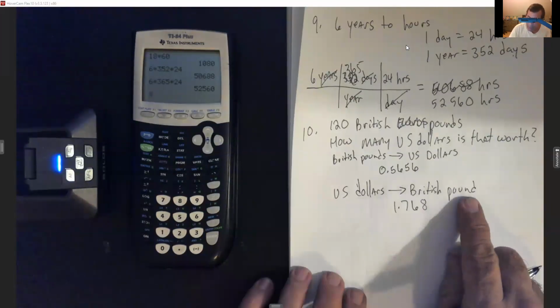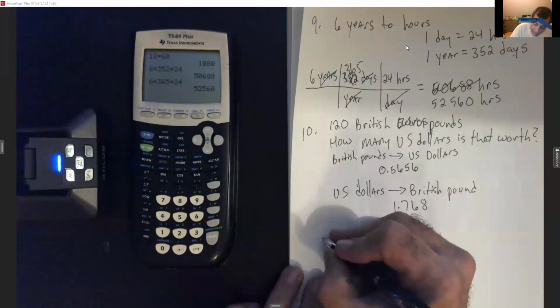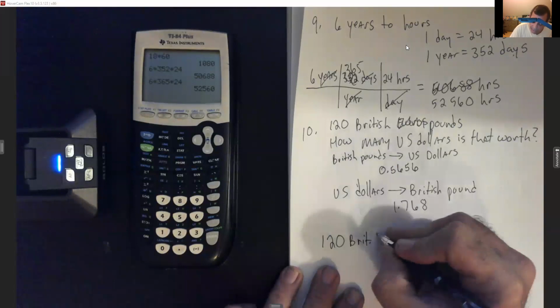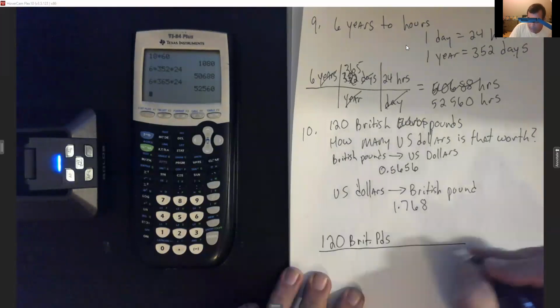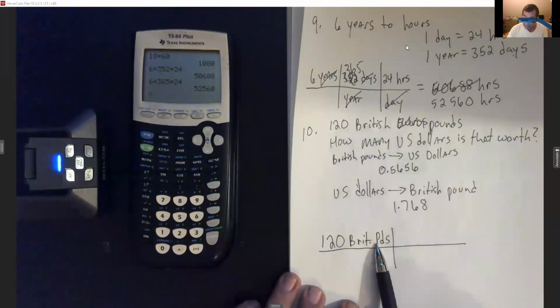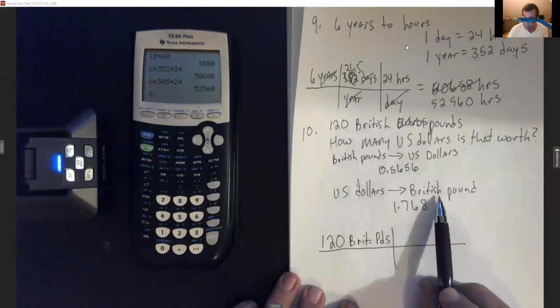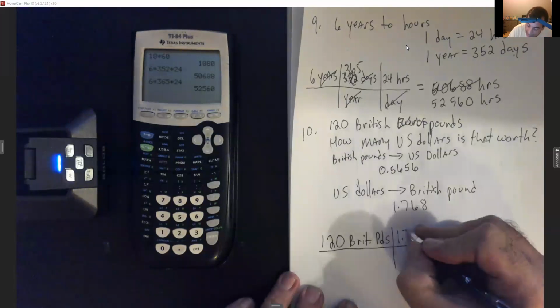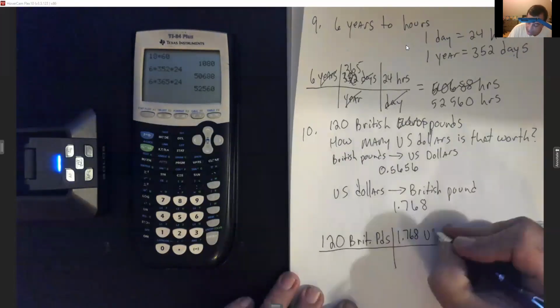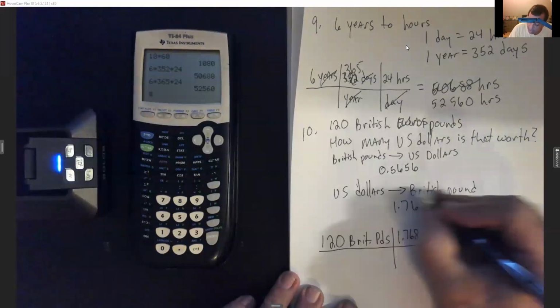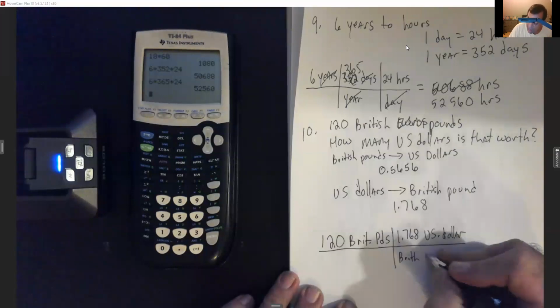So watch this. I'm going to start with my 120 British pounds. So I'm just going to use a little shorthand here for pounds. Okay. So they told me the conversion for British pounds to US dollars is 1.768 US dollars for every British pound.